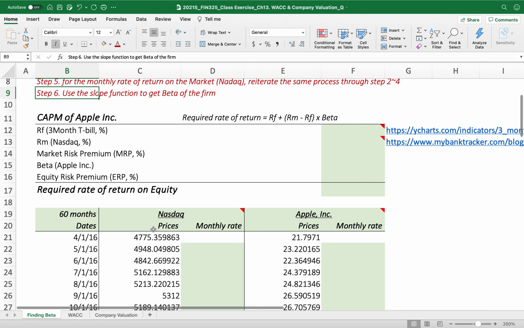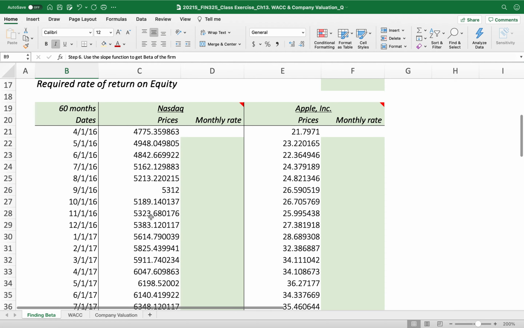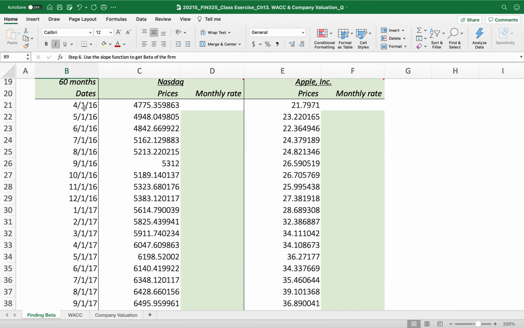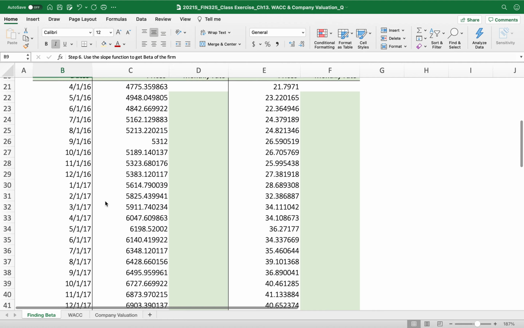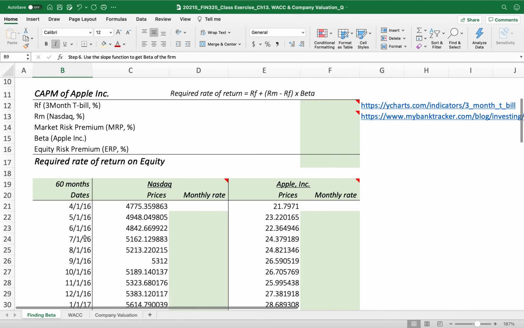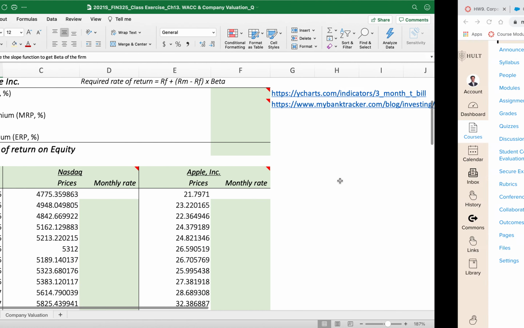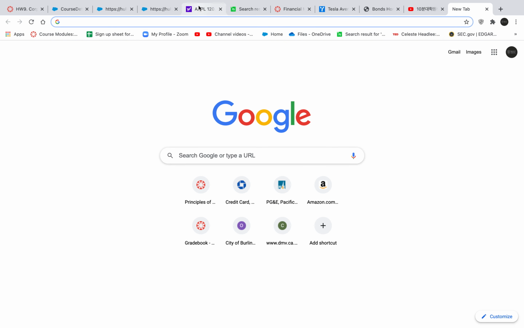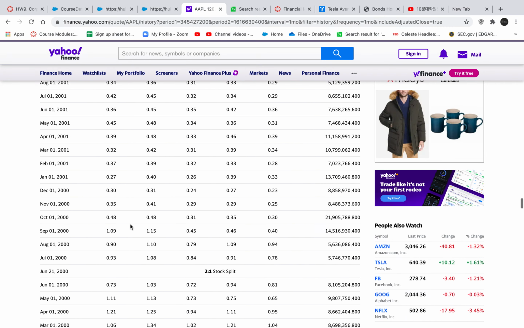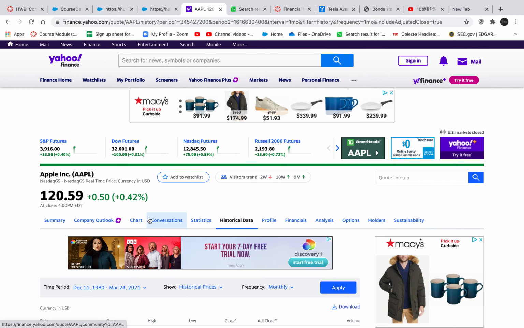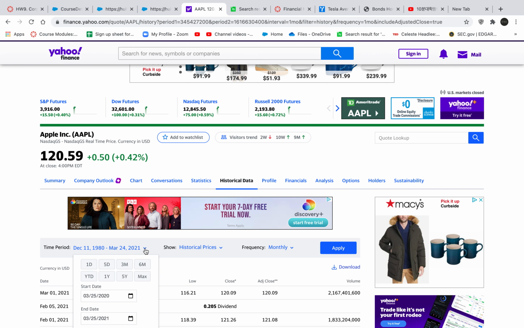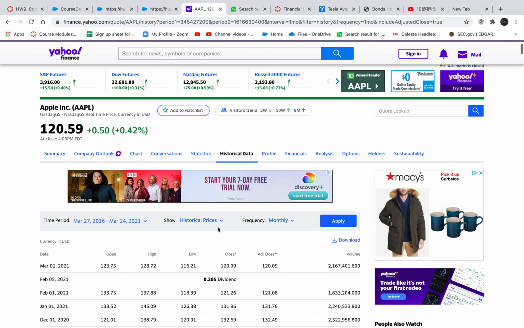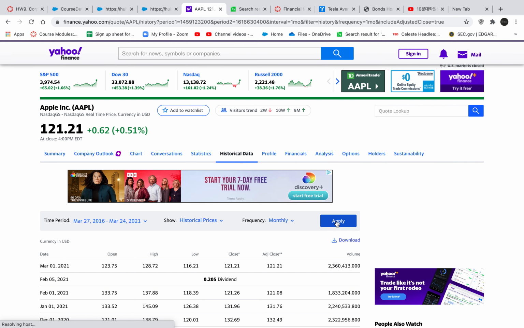So let's get started. I already downloaded the Nasdaq stock prices on a monthly basis for 60 months, and the Apple stock prices. Where did I get it? If you take a look at Yahoo Finance, there you go. It's free. You can just apply. As you can see, we have 5 years of historical prices on a monthly basis, and apply.